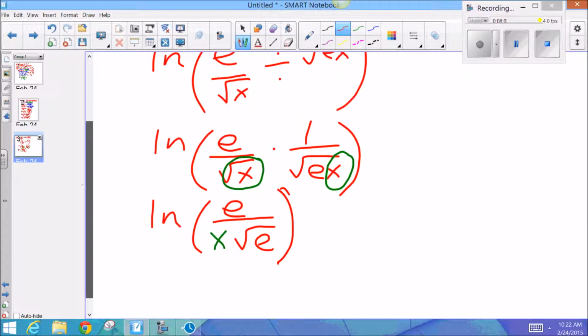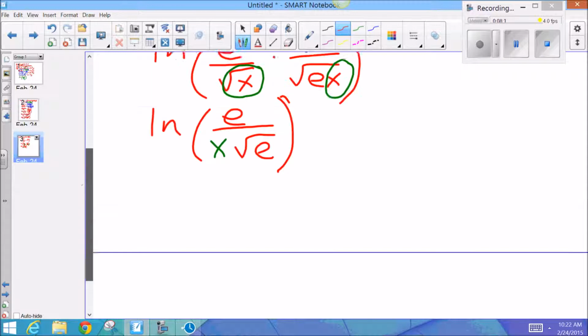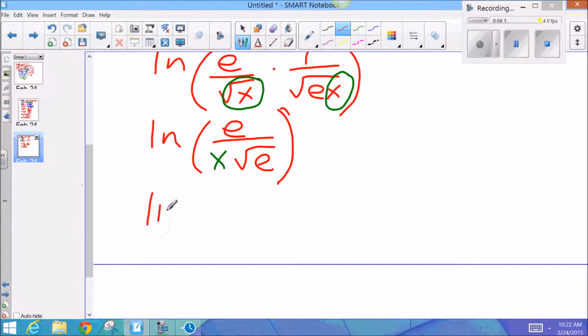Okay? Some more simplifying because I've got e on both top and bottom here. So this is the natural log of e over x times e to the power of 1/2.